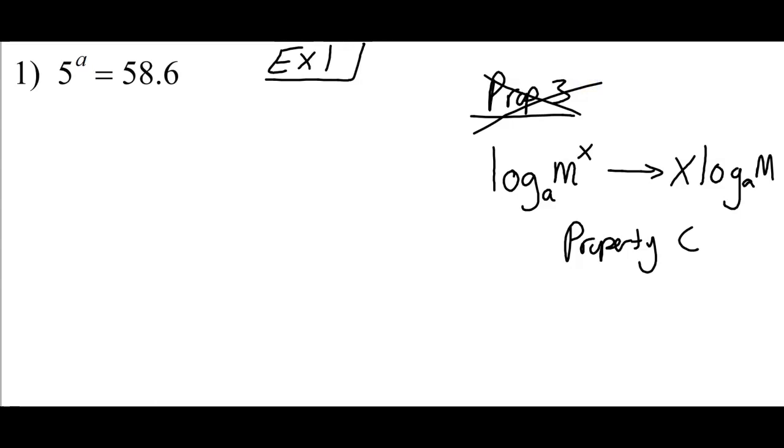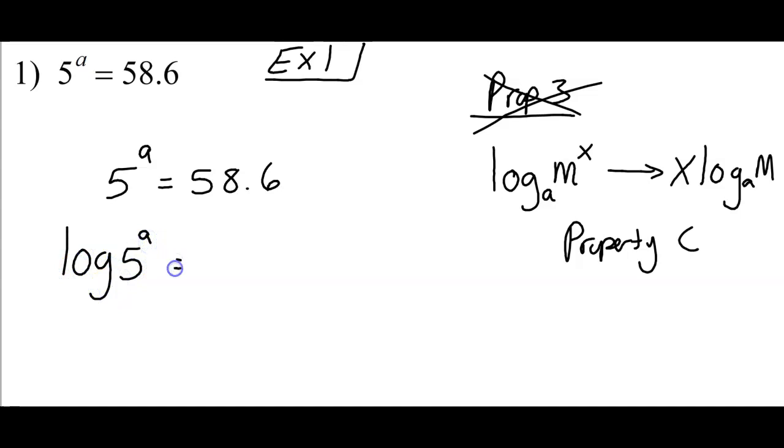All right, so here we go. I'm just going to rewrite it so I have some space here. All right, so the first step is to log both sides. Okay, and we're just going to use base 10. Okay, so I'm going to log this side, and then I'm going to log this side.